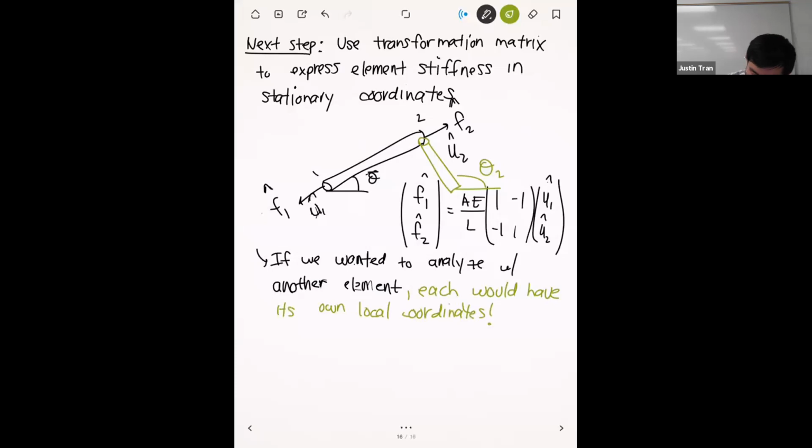So this form of the element stiffness matrix in terms of the local coordinates is not that useful to us, because if we had elements in different orientations, they each have their own.